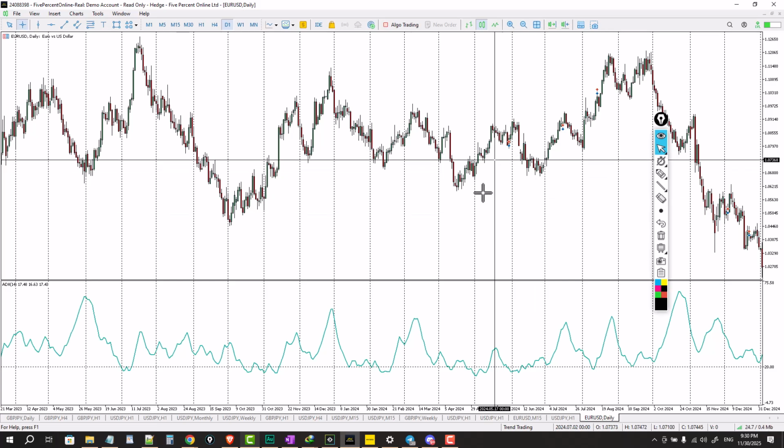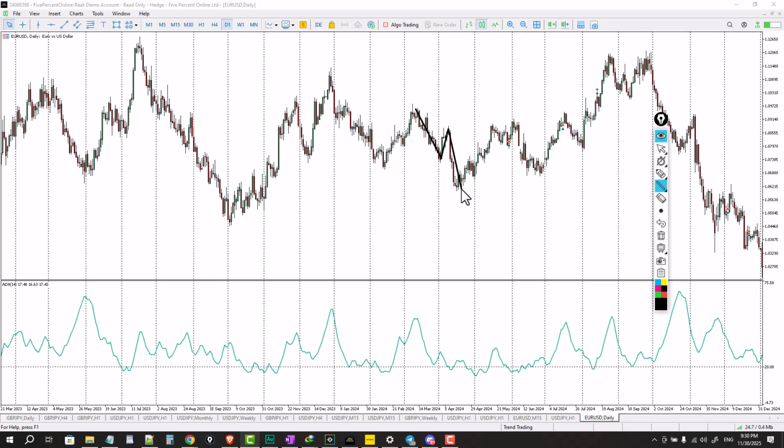Well, when you couple this with market structure analysis, we were forming higher highs and higher lows, and before that we were forming lower highs and lower lows. Here you can see that this is not a lower high, because price made a very deep pullback and then failed to form a low lower than this low, so it formed a higher low.